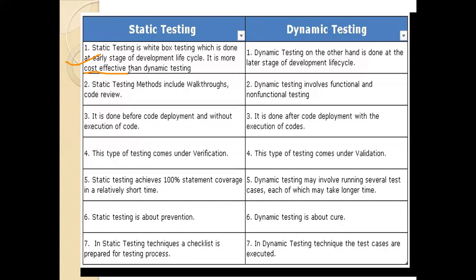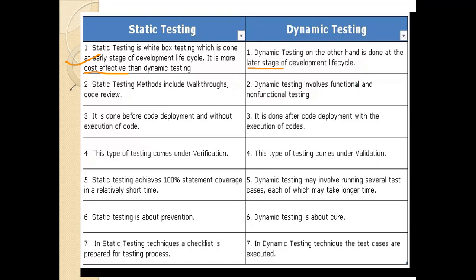So you are not required to pay extra money for resolving those errors. That's why it is cost effective, whereas dynamic testing, on the other hand, is done at the later stage of the development life cycle, or it may be done by your software testing team.